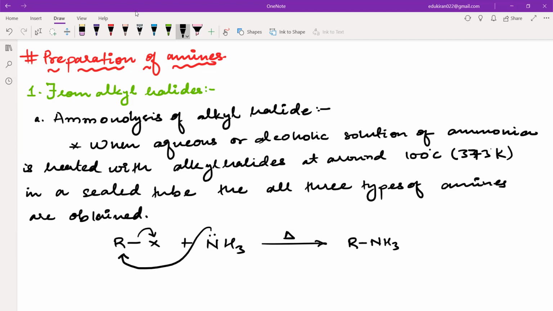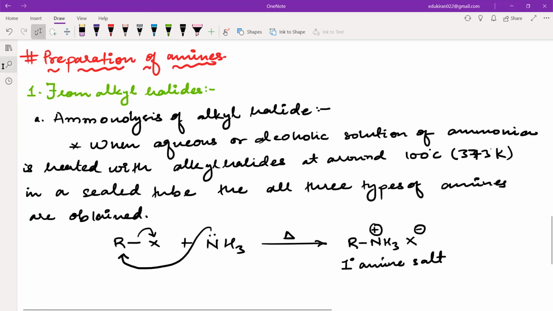Since nitrogen is bonded to 4 atoms, it gets a positive sign, and the X negative which left has a negative sign. So now you are making a 1 degree amine salt.